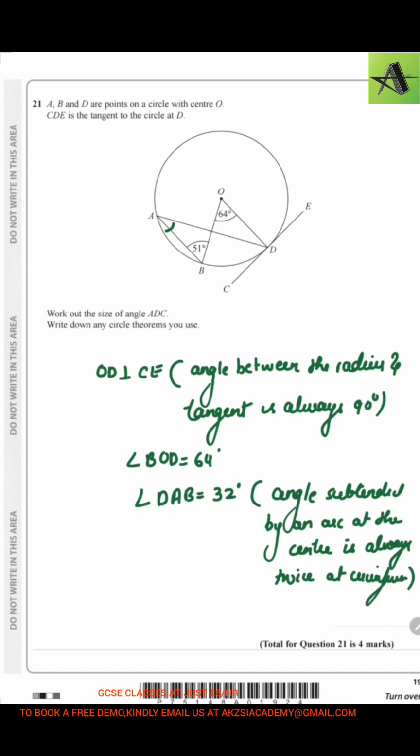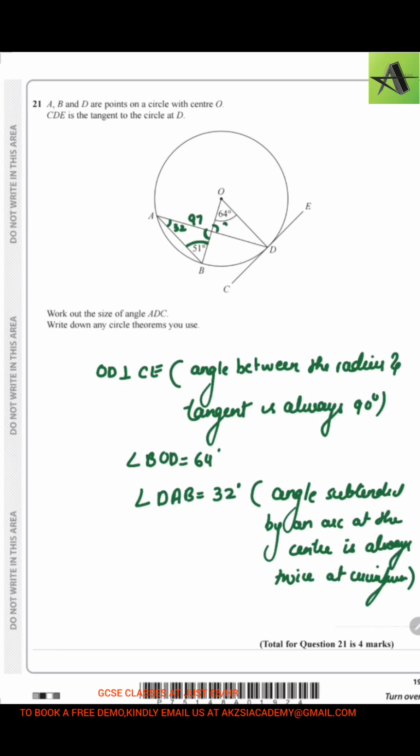That means this is going to be half of what is subtended at the center. In this triangle, now I have this angle which is 32. This is 51. So this is going to be 180 minus 32 plus 51, because the sum of all the angles of a given triangle is always 180 degrees. So this angle is 97.